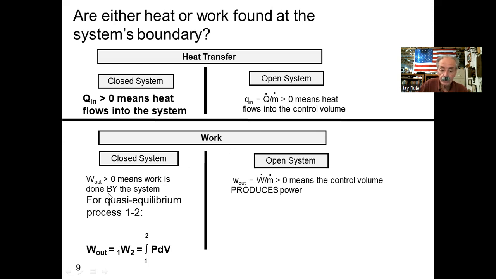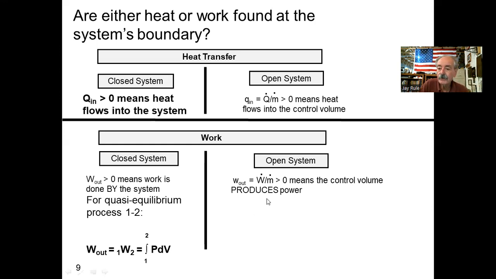Work for a closed system, W out greater than 0. And remember, for quasi-equilibrium processes where we have the path, you calculate the work out by the integral of P dV. Very important equation that you should have in your head. Simply blindly writing this on an equation sheet's not going to do you a bit of good.